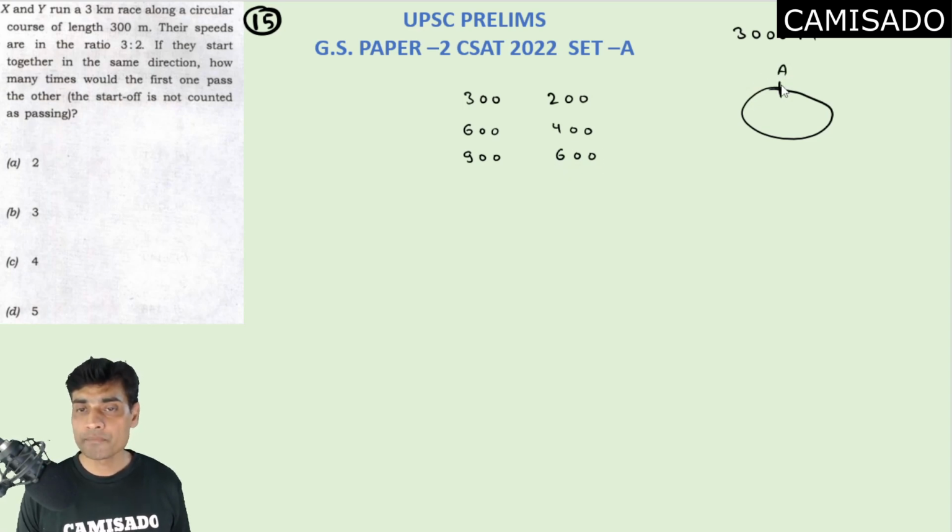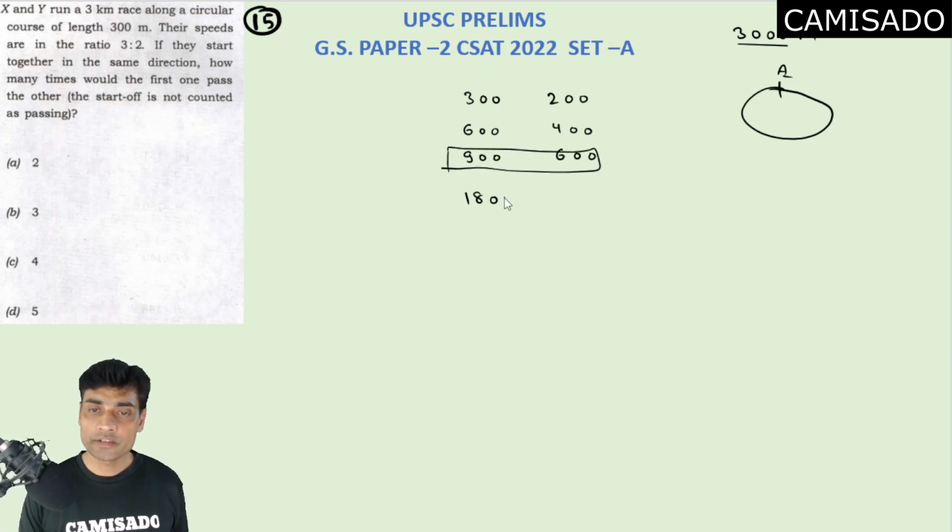Basically they both will join here again. Total is 3000, so one meeting will be at this point, then again the same ratio 1800, and then 2700. At that time this one will also travel some distance, so ultimately 3 times they will meet. So the correct option is B. B is the correct option for this.